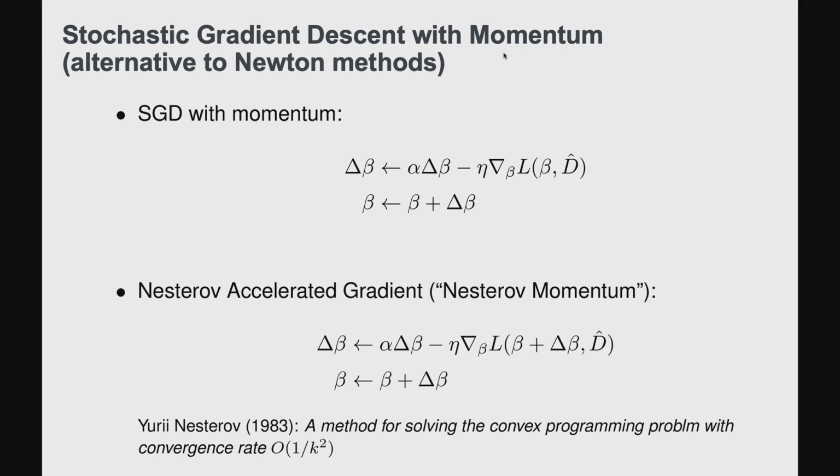So the idea is that if you start in one point, you basically do as if you have a ball that rolls down the hill. When the ball rolls down the hill, at this point it has a certain momentum, a certain velocity. Well, momentum is nothing but velocity times mass.